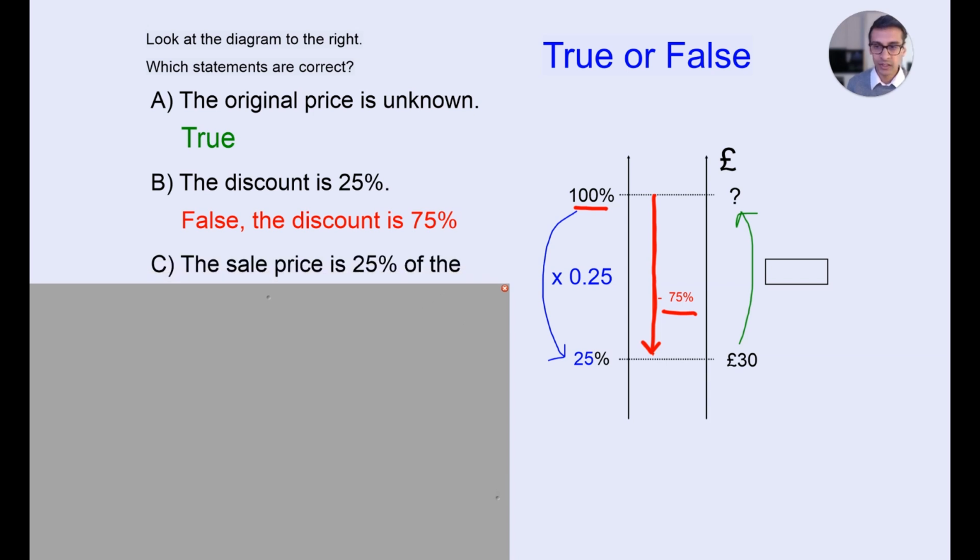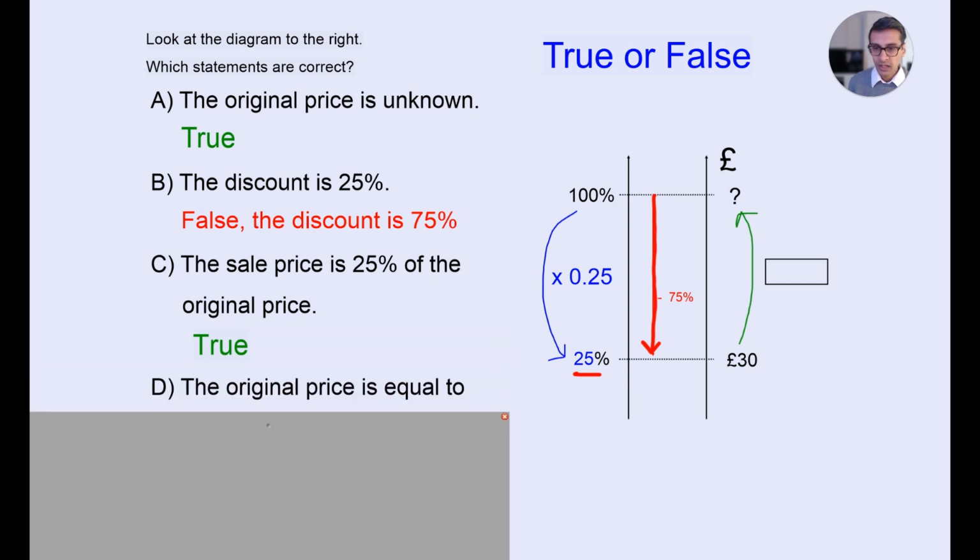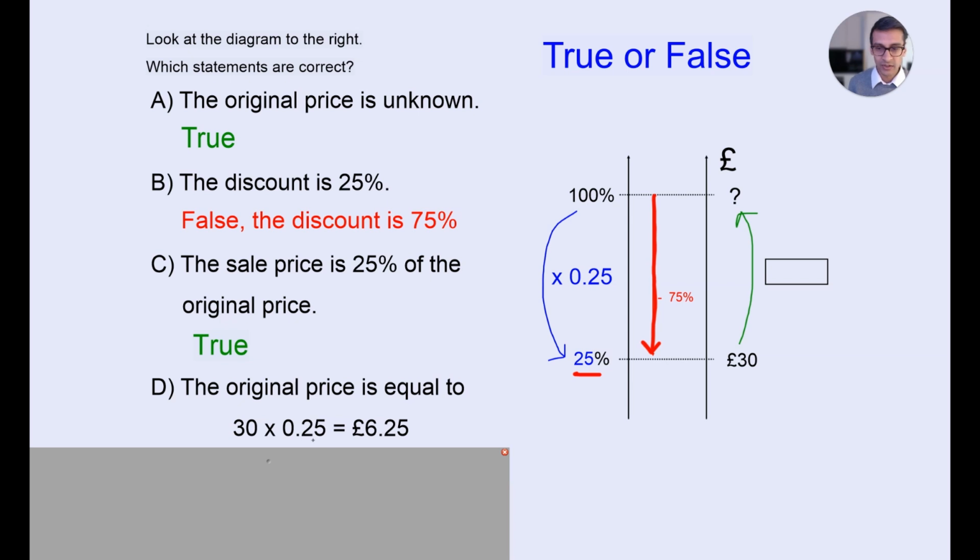Okay, next statement. The sale price is 25% of the original price. True or false? Check the diagram. Okay, so hopefully you can see that yes, we are paying 25% and we know that's going to be our discount price. The original price is equal to 30 times 0.25, which is 6.25.